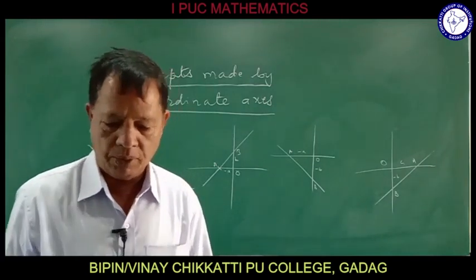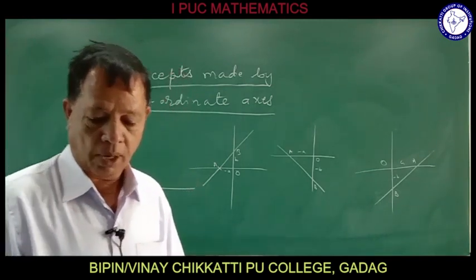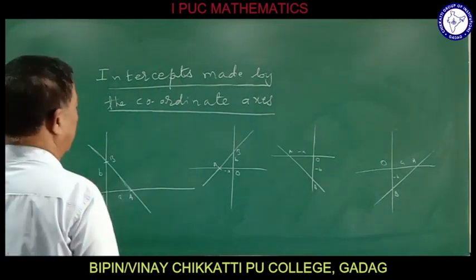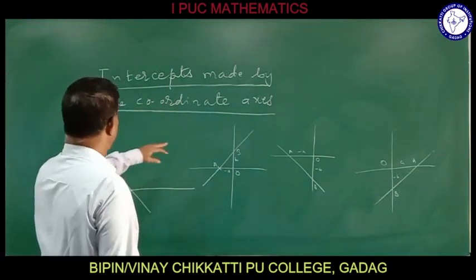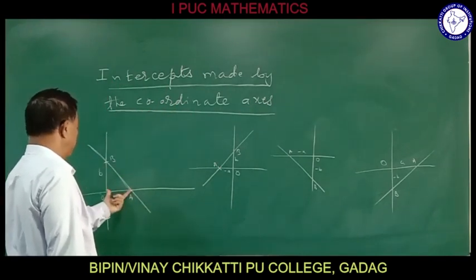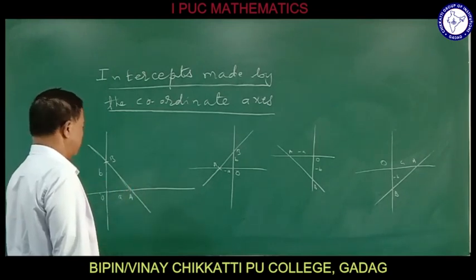Here we have to understand that in general symbolic representation, we take small a and small b. Intercepts are made on the coordinate axes, the x-axis and y-axis. This is x. The distance where the line cuts the x-axis from the origin is the x-intercept.